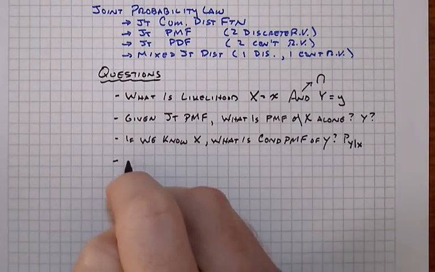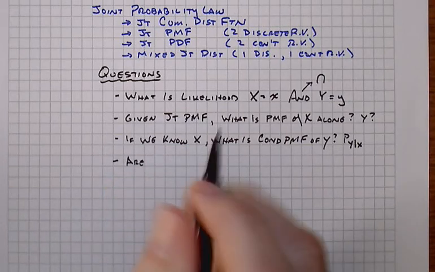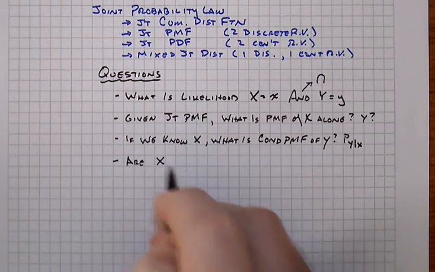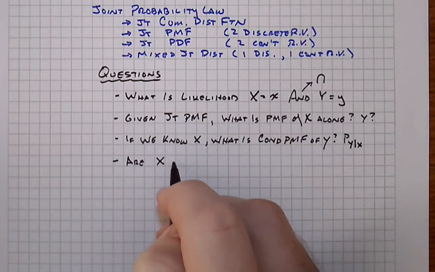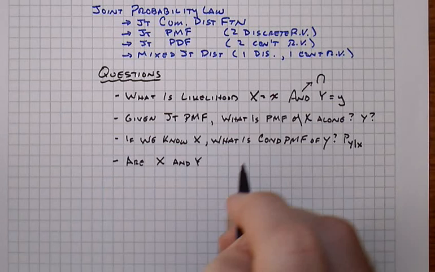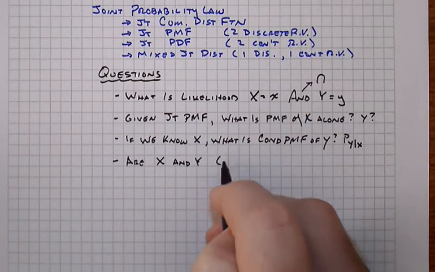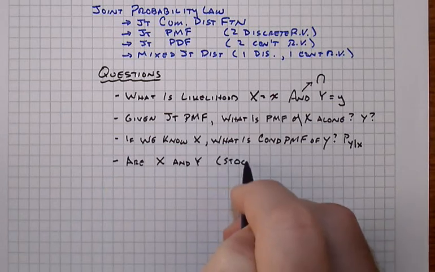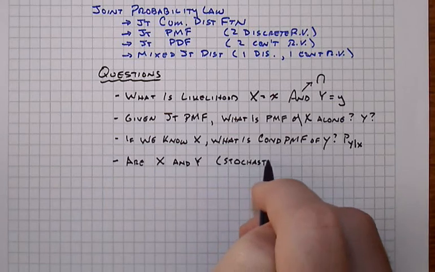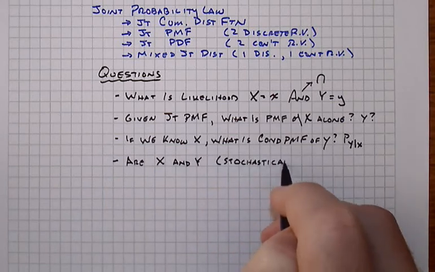Other important questions, particularly for analysis and for predicting things in the future: the primary issue is, are x and y independent? And really, when we say that, we are talking about from the stochastic or random view.